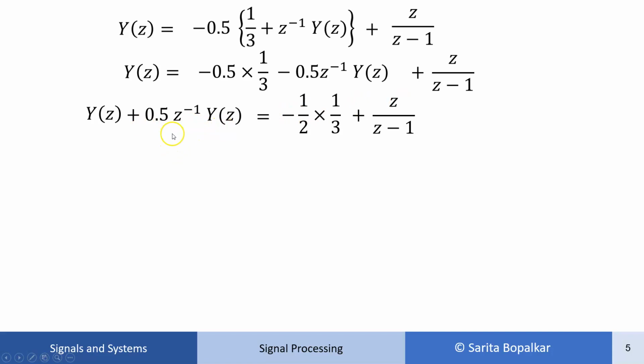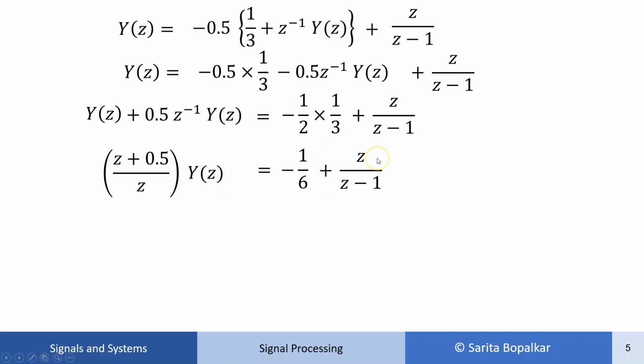Take y of z common: 1 plus 0.5 z raised to minus 1. So z raised to minus 1 we can write as 0.5 by z, and here 1 plus. When we solve this, it will come as z plus 0.5 upon z. y of z is equal to this: 1 by 6 plus z upon z minus 1.